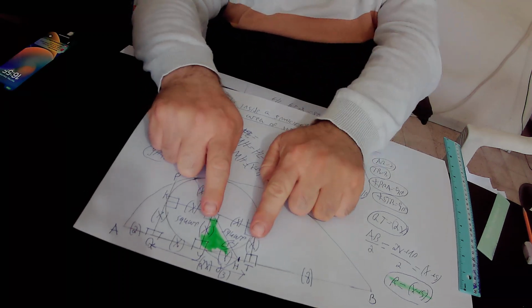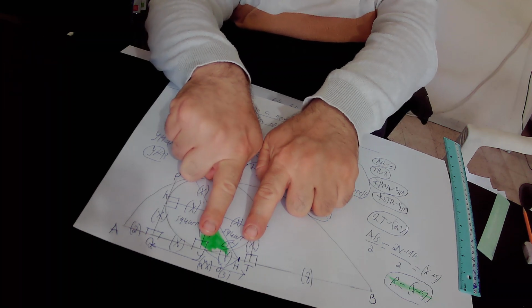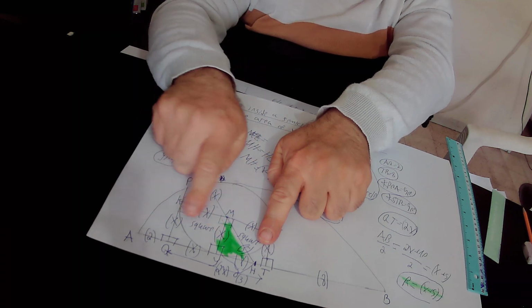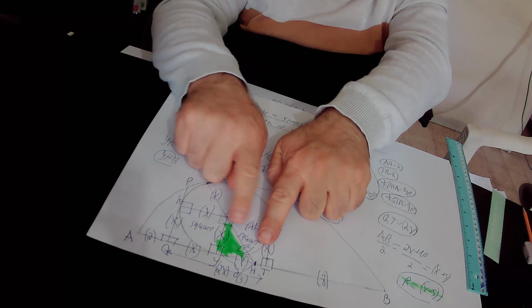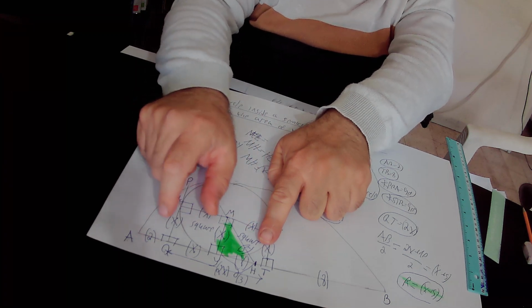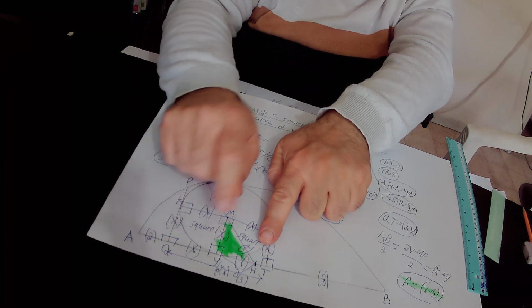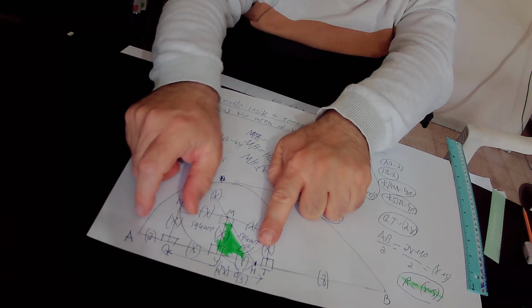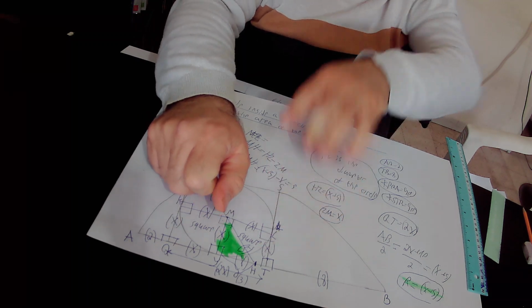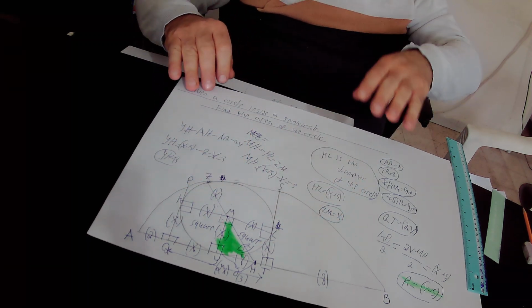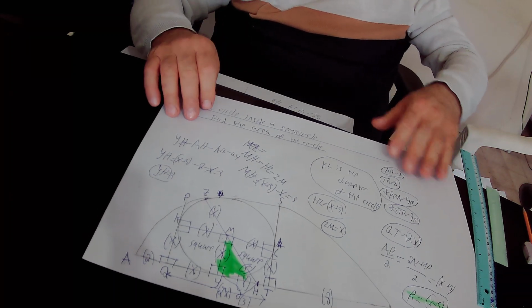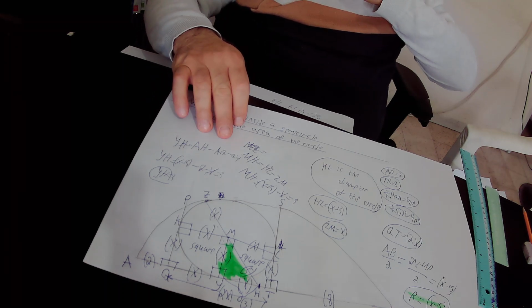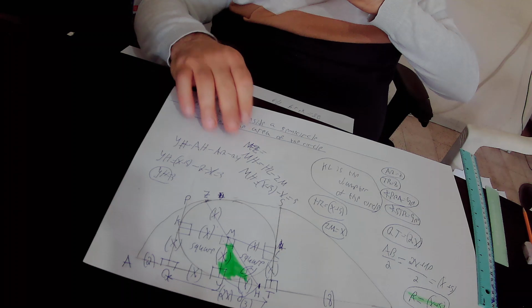So what is the length of YH? From the drawing it is very easy to see that YH equals AH, the radius of the semicircle, minus AQ minus QY.